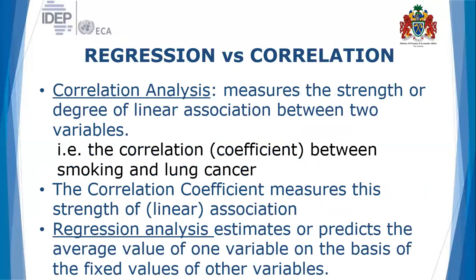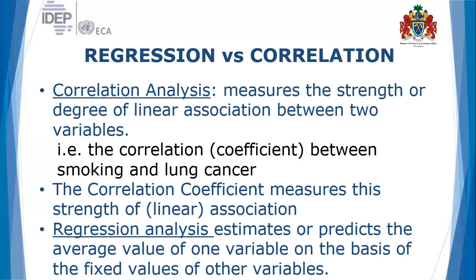Then let's also look at regression and correlation. Correlation analysis measures the strength or degree of linear association between two variables. And the correlation coefficient that is obtained is very important.